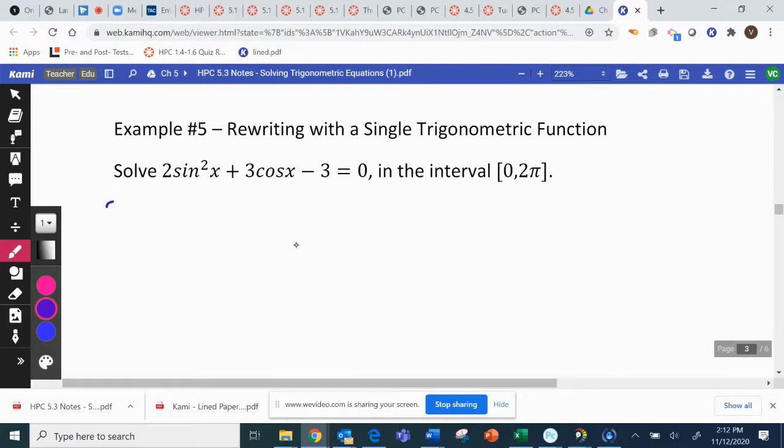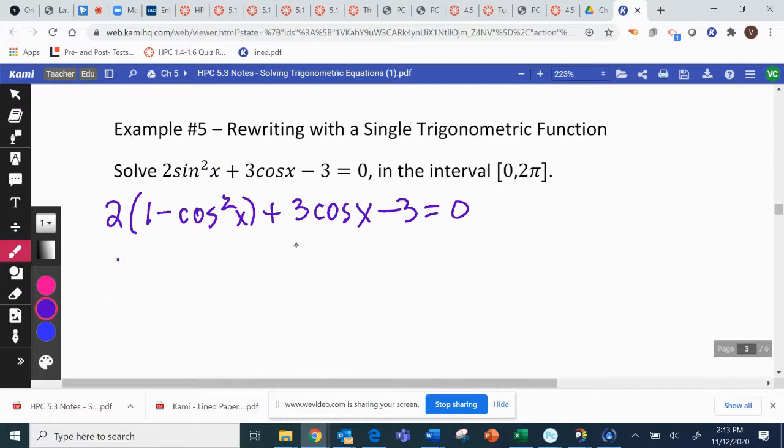Okay, so I'm going to do 2, 1 minus cosine squared plus 3 cosine x minus 3 equals 0. And then I'm going to distribute.